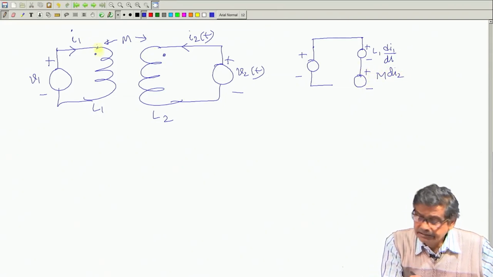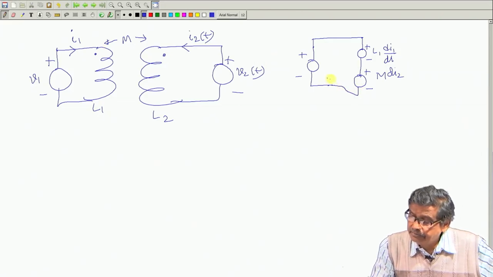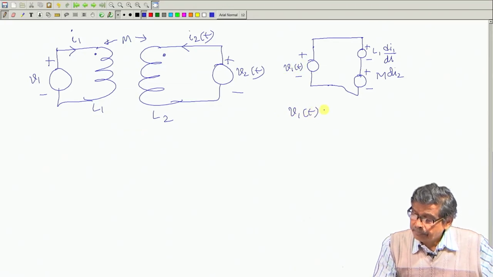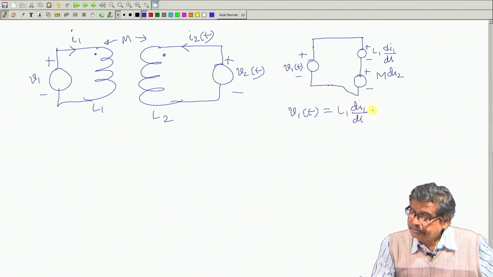Through the dot entering, that dot is plus. So V 1 t is equal to L 1 d I 1 dt plus m d I 2 dt.